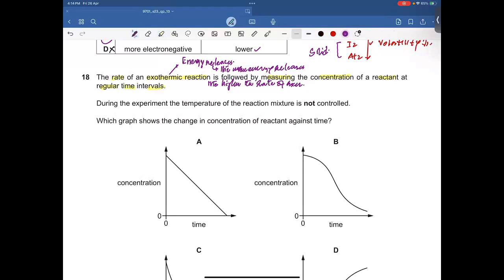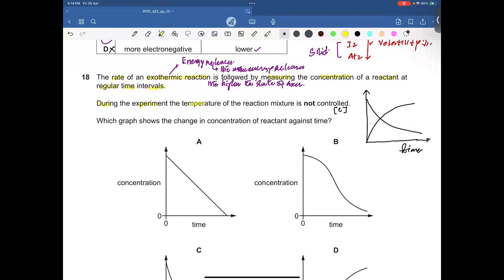According to my lecture, when we talk about a concentration versus time graph, for the reactant, concentration obviously decreases, and product concentration has to increase, right?